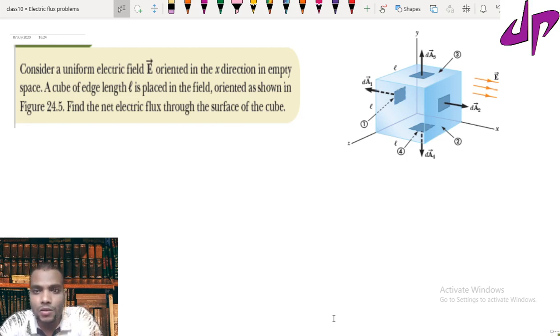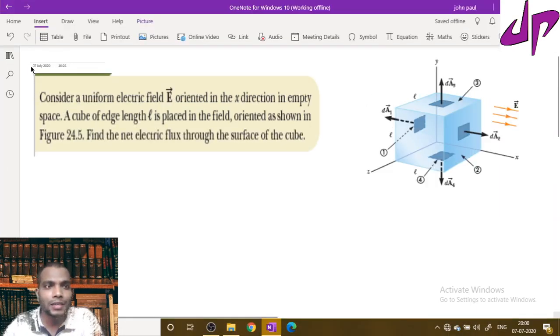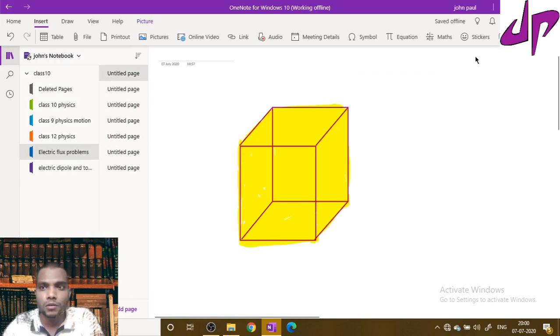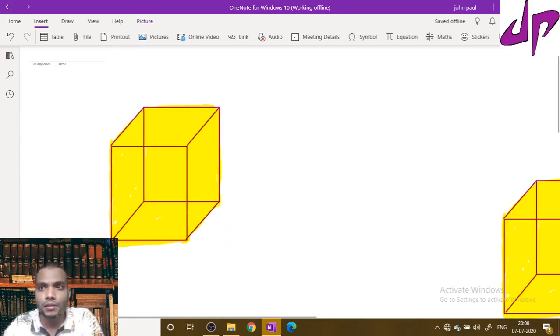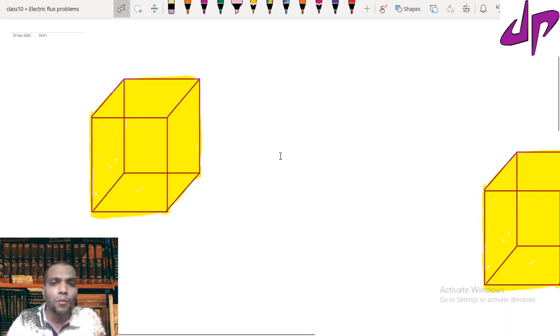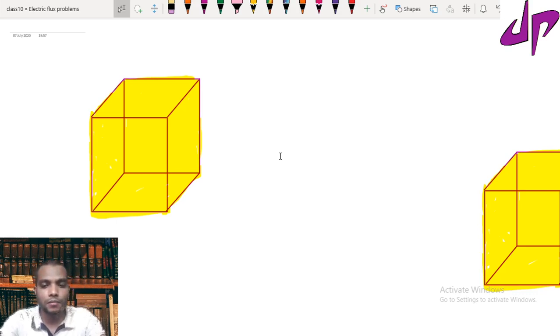So in this task, we need to find the electric flux through the surface of the cube. First of all, let's recall what electric flux is. Flux we define as the number of electric lines of force passing through unit area.